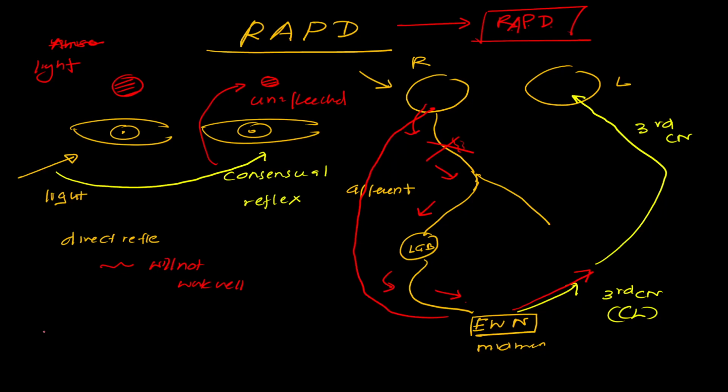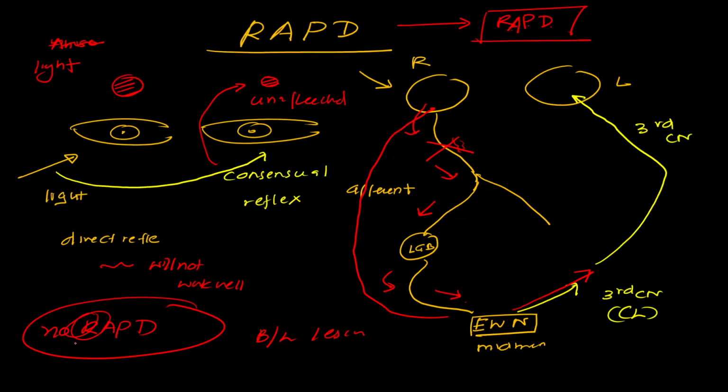Now, if you do a swinging light test and you see that there is no RAPD, then of course this could either be a normal patient who is having no problem at all, or it could also be some other problems, because this could be a bilateral lesion, so there is no relativity between the two. Then you wouldn't appreciate much of a difference between the two pupils, and you wouldn't see the RAPD.